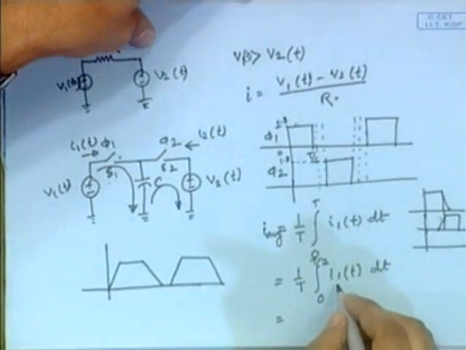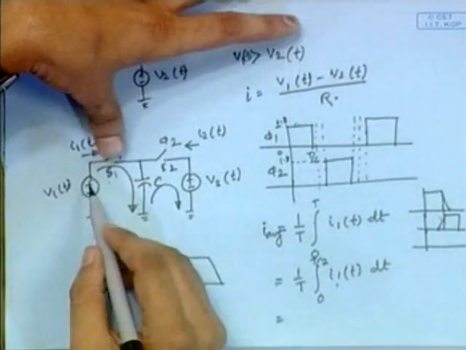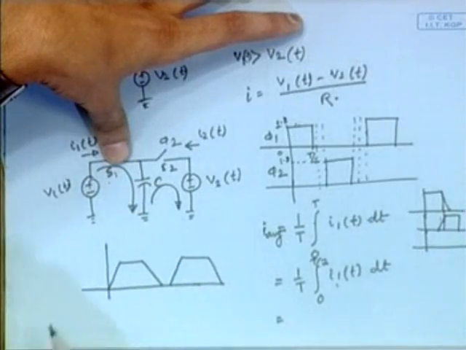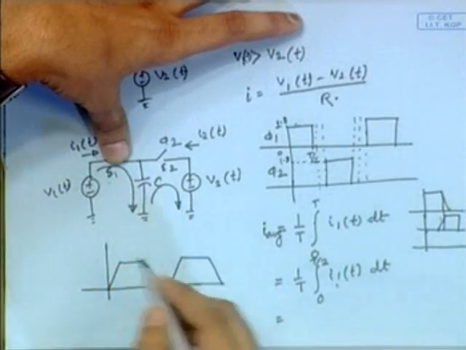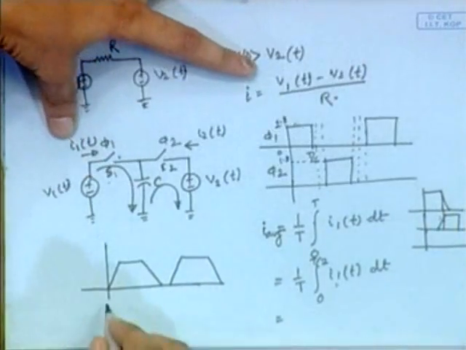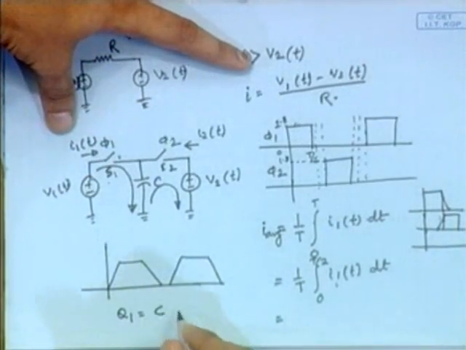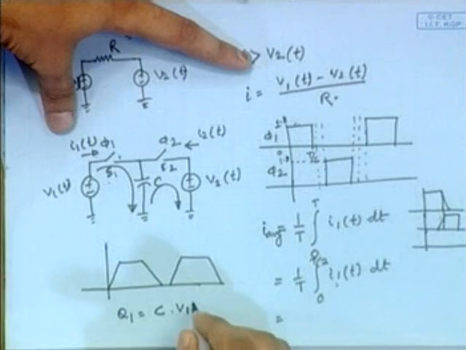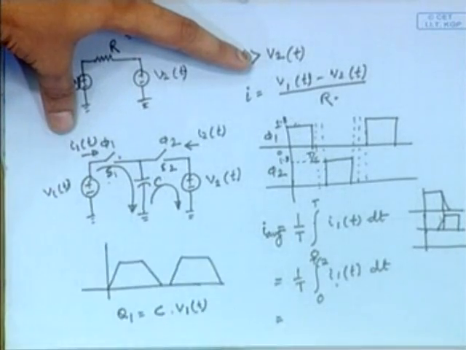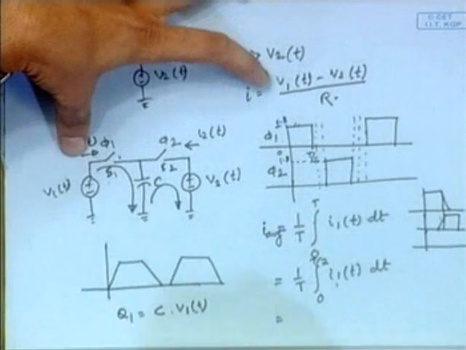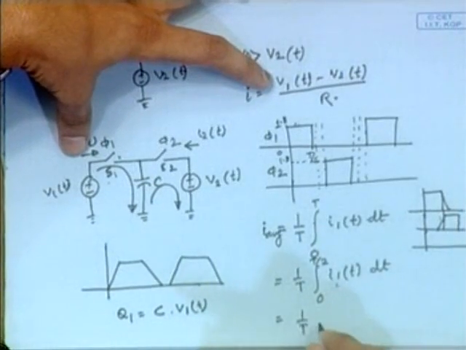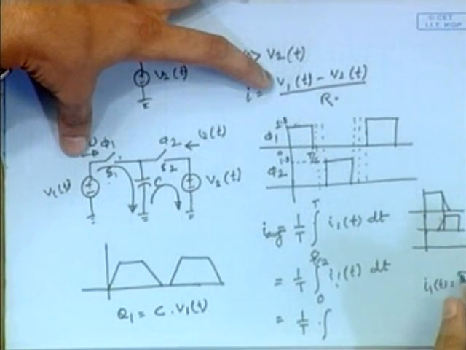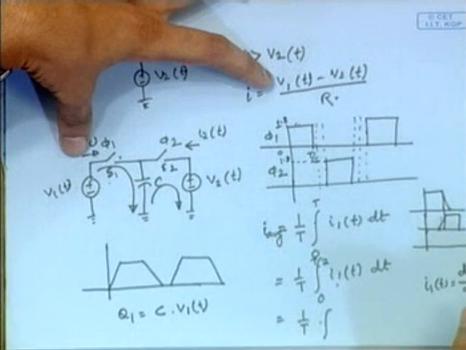Now this I1(t), when this switch is on, that time this capacitor will be charged. So how much charge will be stored in this capacitor? Q1 is equal to C into V1 at this moment. And we can write that I(t) is equal to dQ1 by dt.